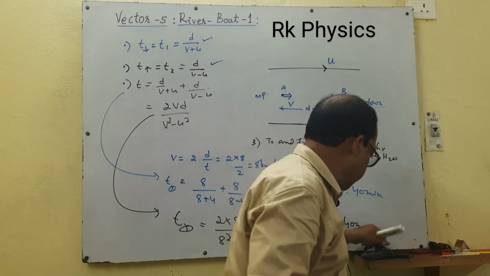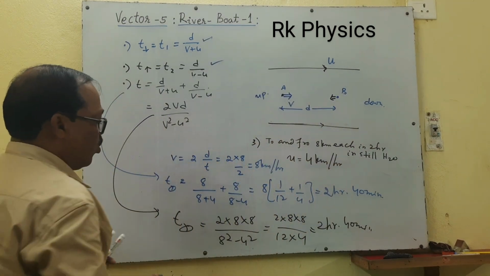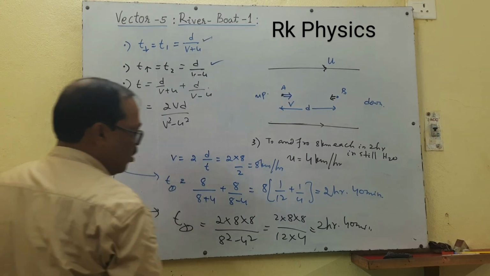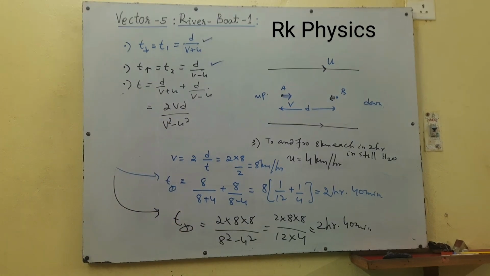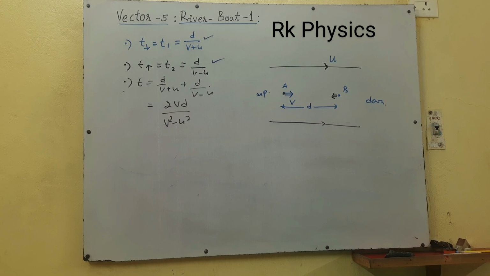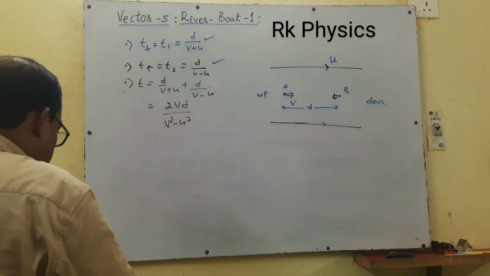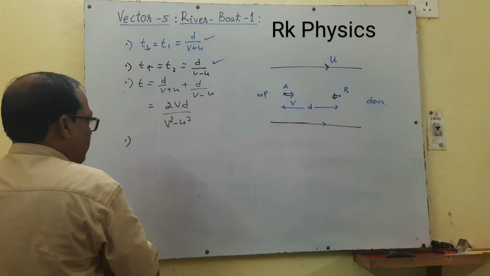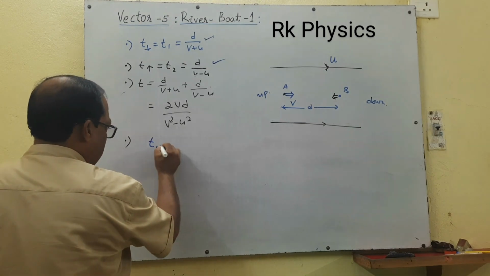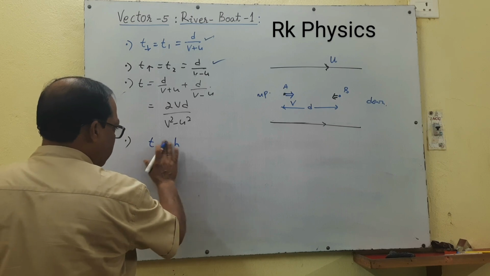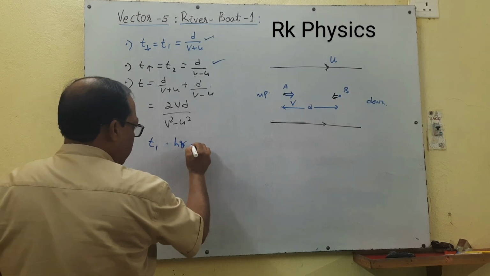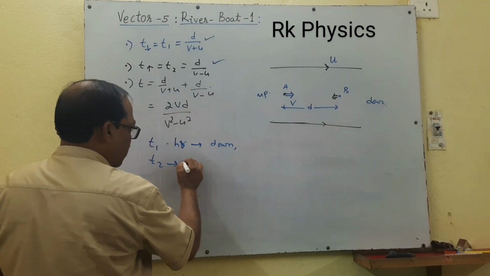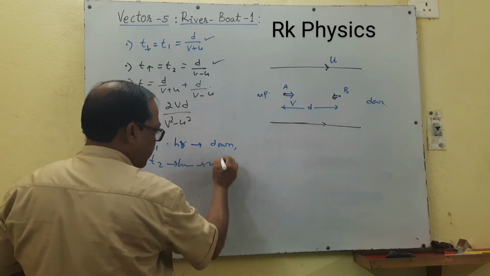Similarly, we will now cover the last fundamental formula. Suppose a boat takes time t1 hour along downstream and t2 hour along upstream.